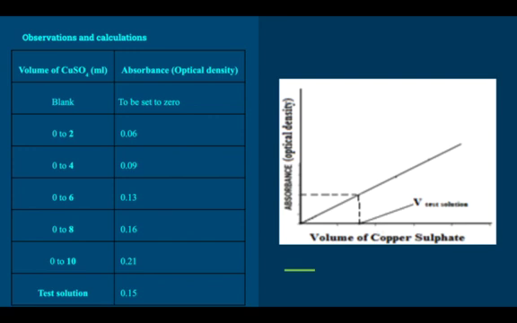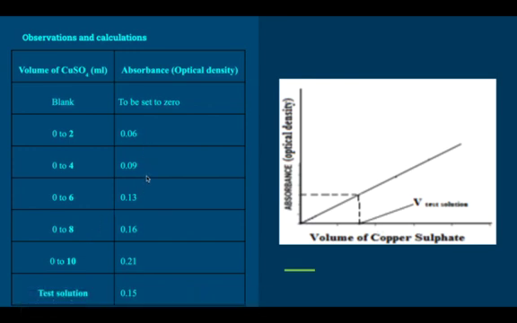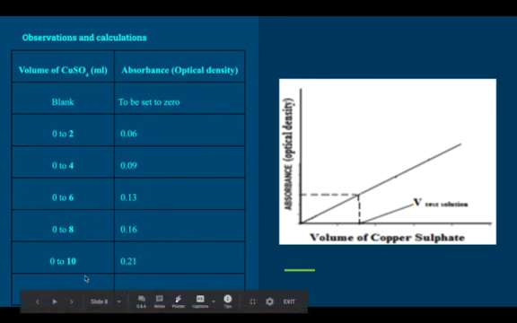Now you will discard the blank solution and take the standard solutions which you have prepared using 2 ml, 4 ml, 6 ml, 8 ml and 10 ml copper sulfate solutions. One by one you will take them and note down the readings. Then finally you will take the test solution and note that reading down also.